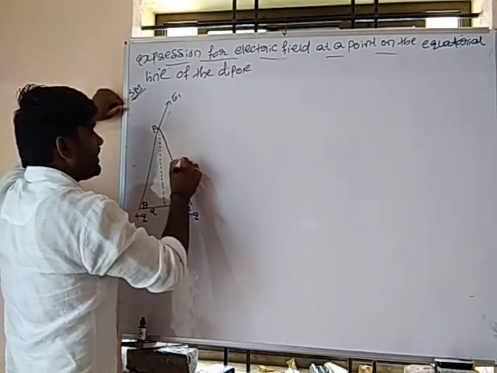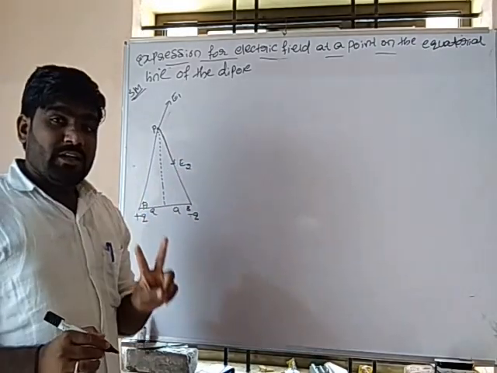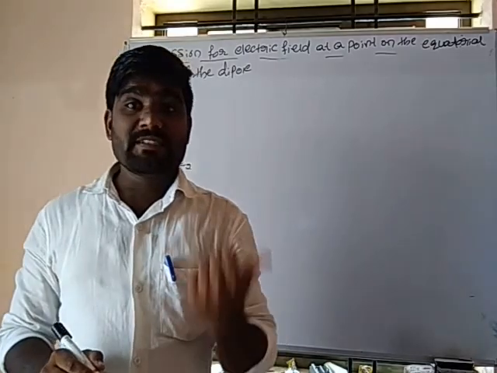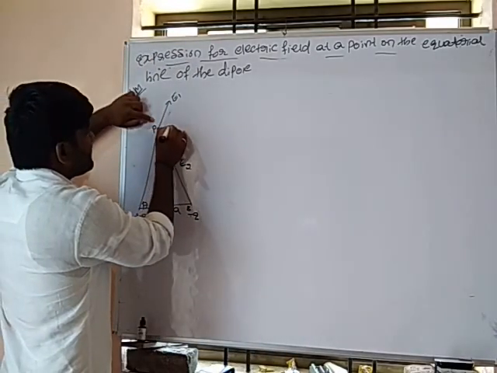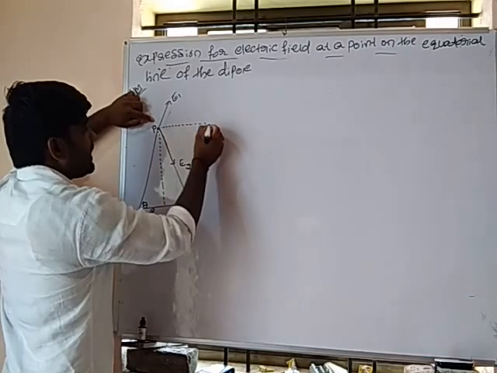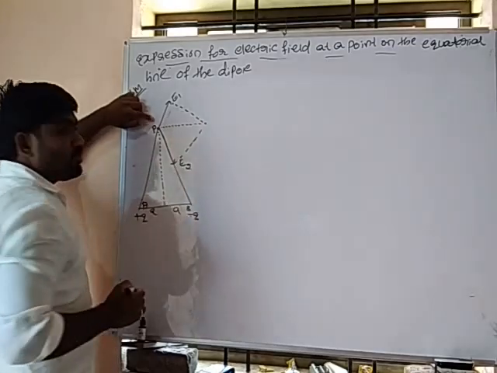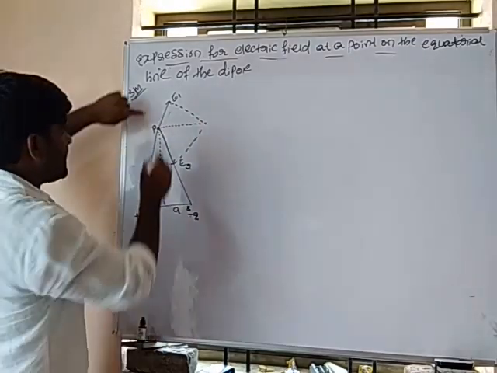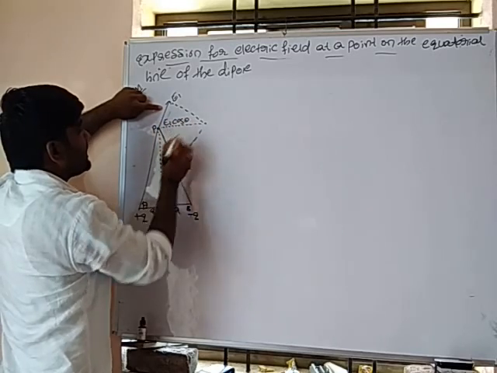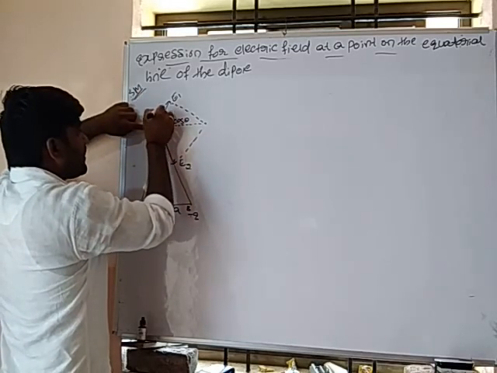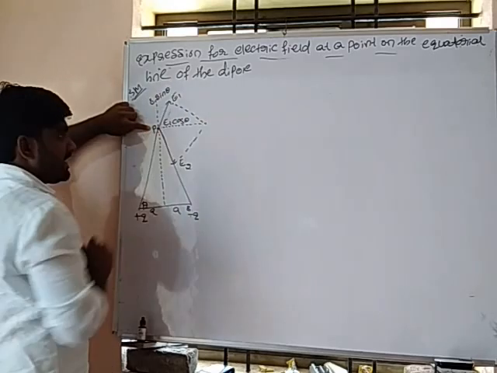Then E2 will be along this direction. It is also called the bisectorial line. Bisectorial means, see here, at this point two components will be there. One is along this direction, E1 cos theta, and perpendicular to this, it is E1 sin theta.